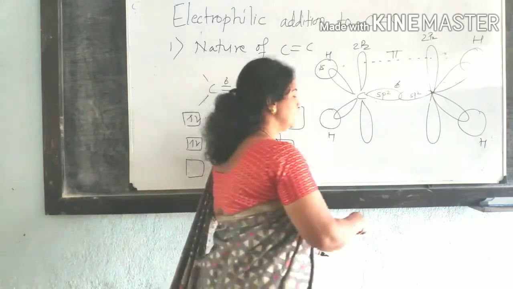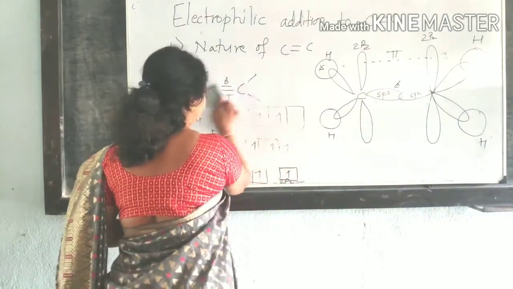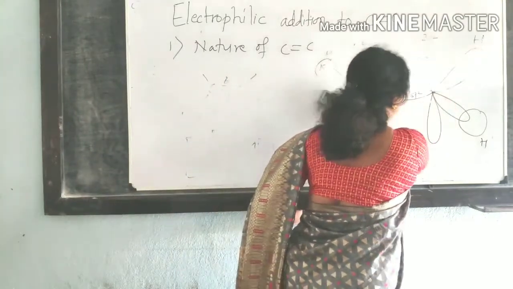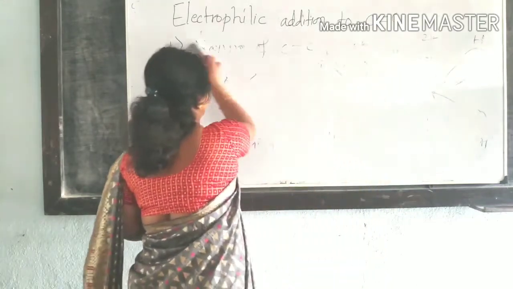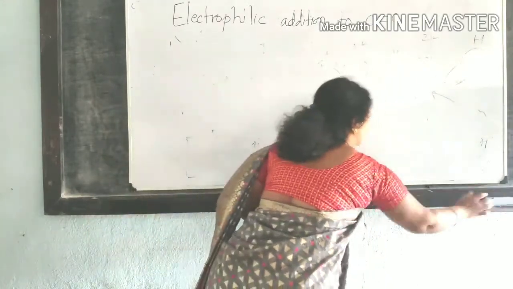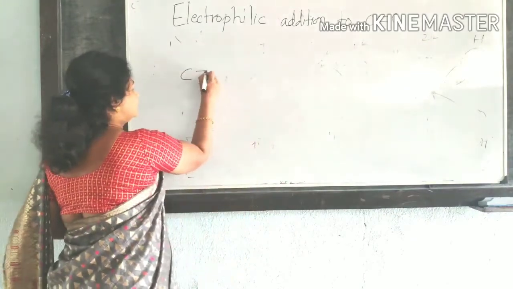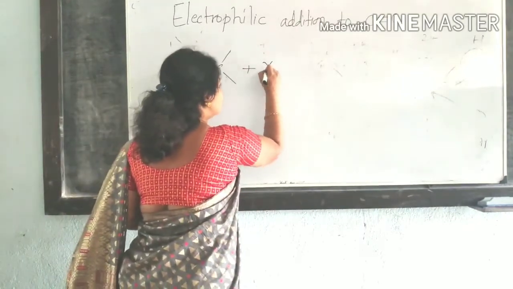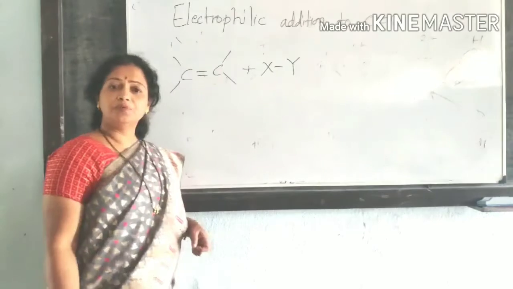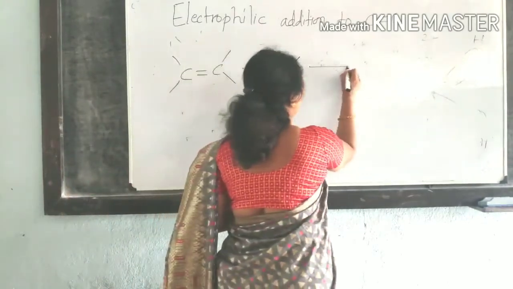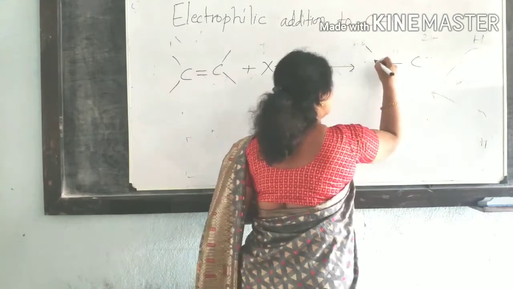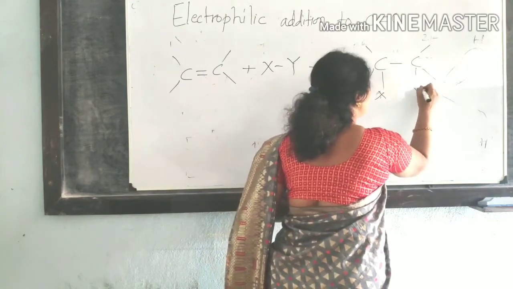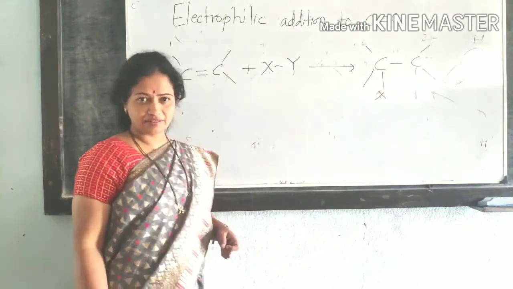Now we go for the mechanism for the addition of electrophilic reagent to the alkenes. Now let us take the general reaction, that of ethene. When this ethene undergoes addition with this reagent XY, one pi bond of this ethene breaks and two new sigma bonds are formed like this.